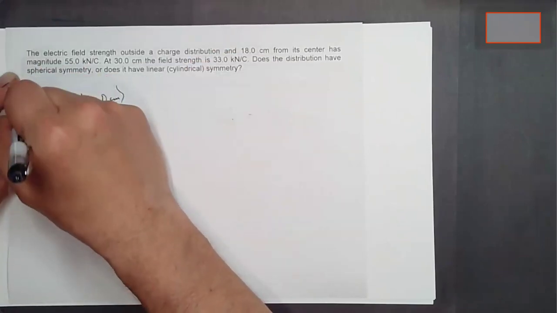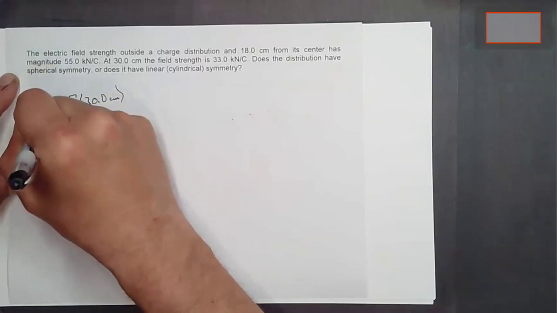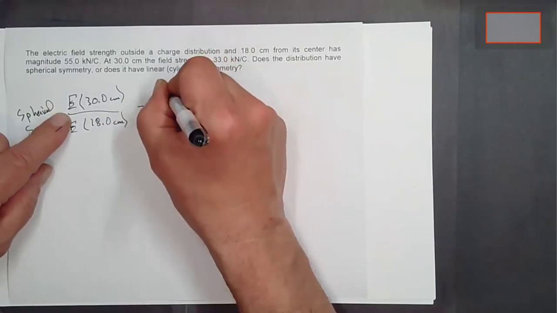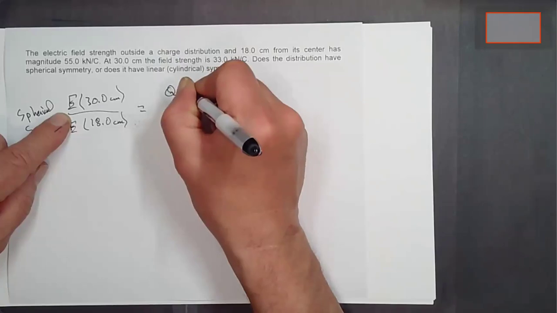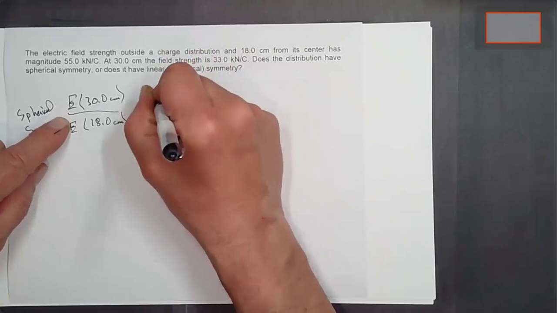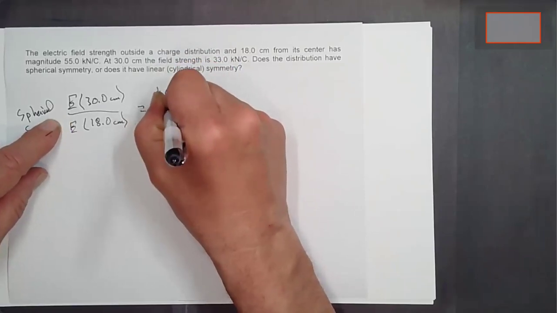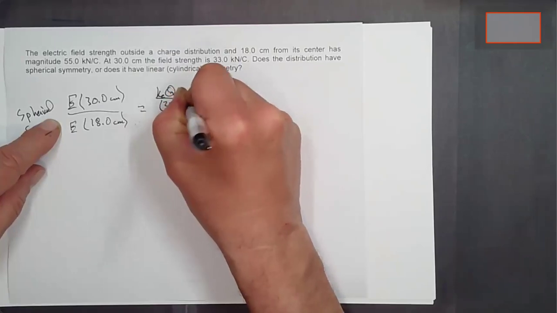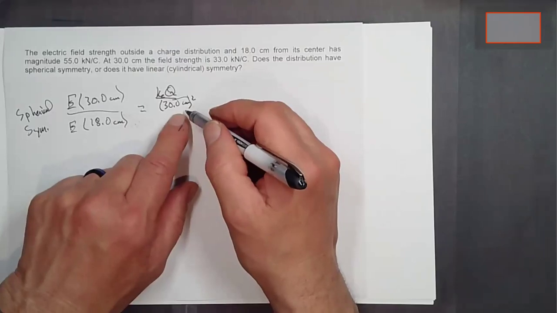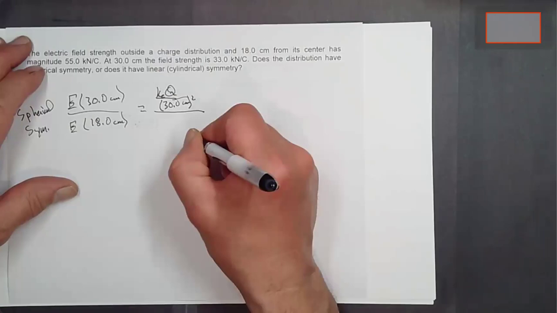And this is for spherical. This would equal K sub E times some kind of Q divided by 30.0 centimeters squared. You could replace the cm with times 10 to the minus 2 meters if you wanted to, but it turns out they're going to divide out.